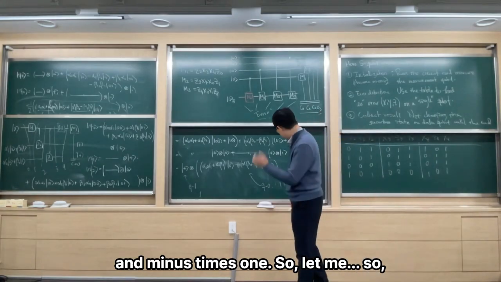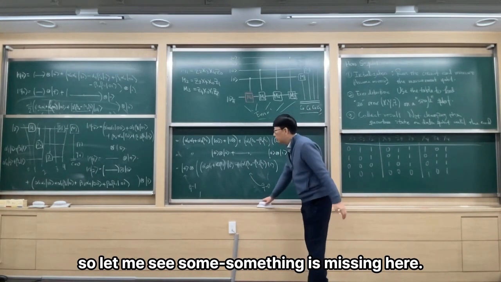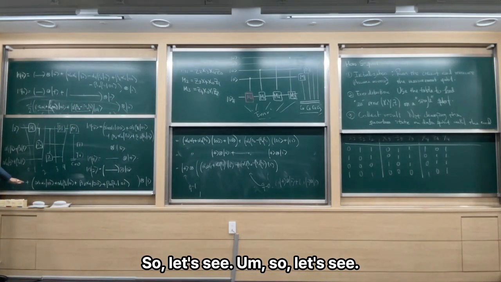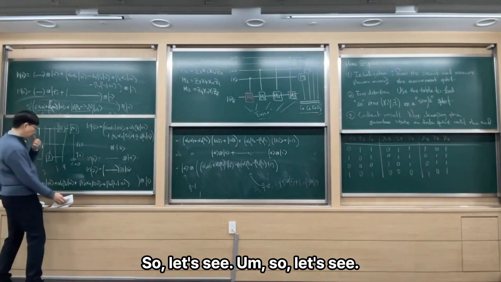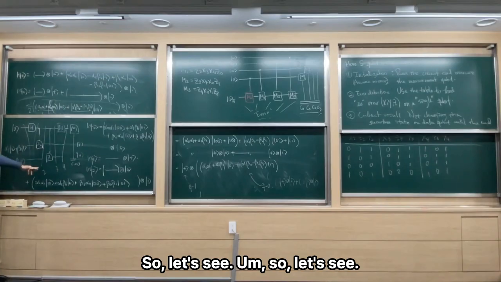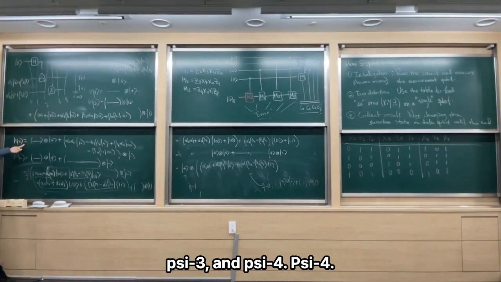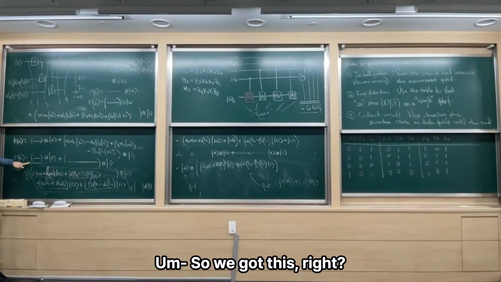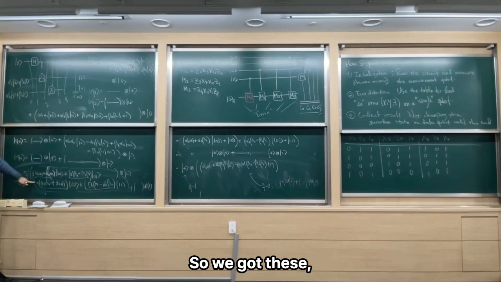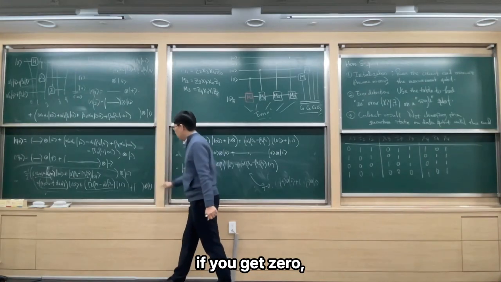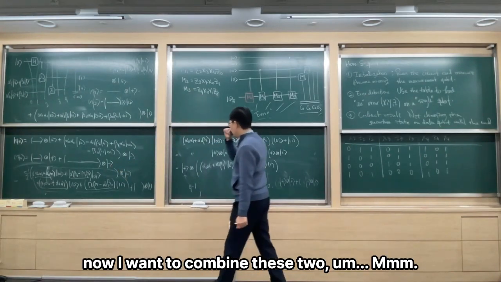Let me see, something is missing here. So let's see psi 2, psi 3, and psi 4. So we got this, right? So we got these, and after taking a syndrome measurement, if you get 0, now I want to combine these two.